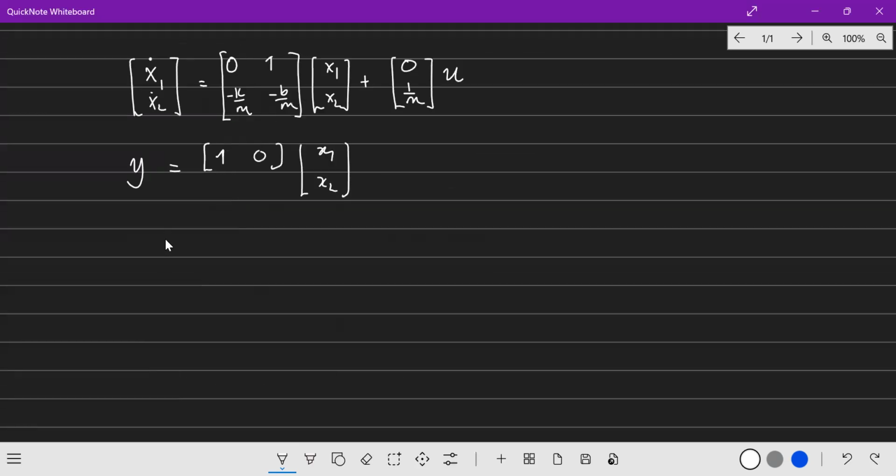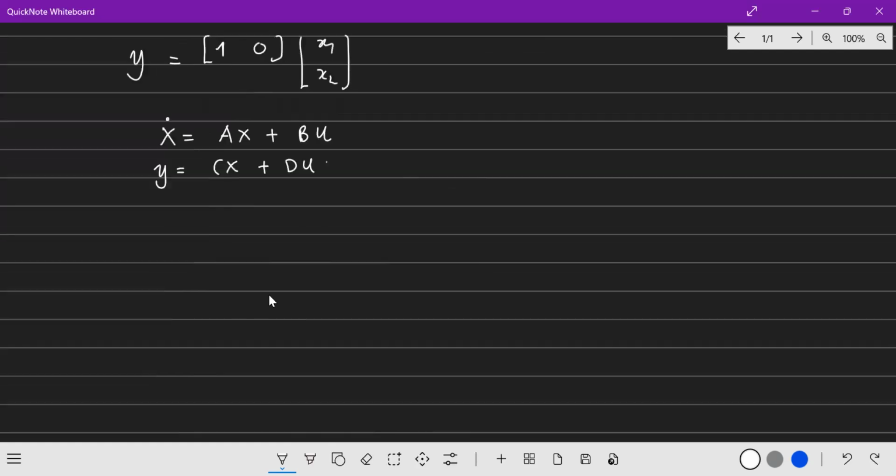Remember that you have the state space representation: x dot equals Ax plus Bu, and then y is simply Cx plus Du. Okay, let us find the transfer function of this. Remember that the transfer function is simply the ratio of the output divided by the input under zero initial conditions.